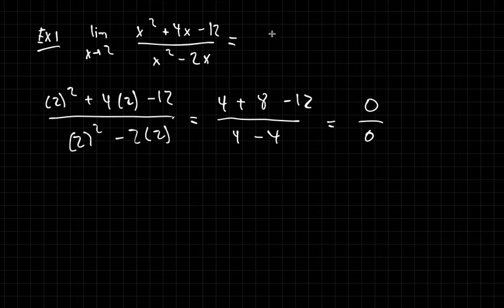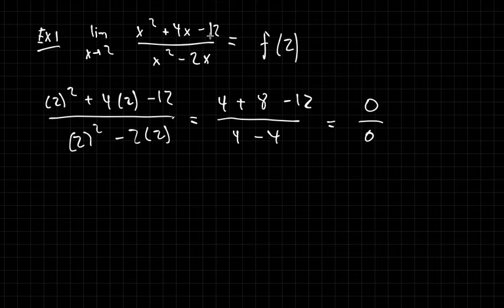But does that mean the limit is equal to this? Does that mean the limit is just undefined? Well, remember that the limit and f of 2 are not always necessarily equal. Direct substitution is simply the condition that has to be true in order for us to use it.